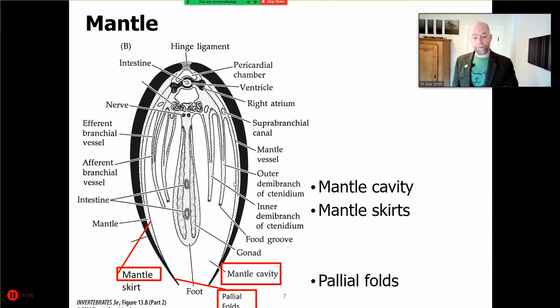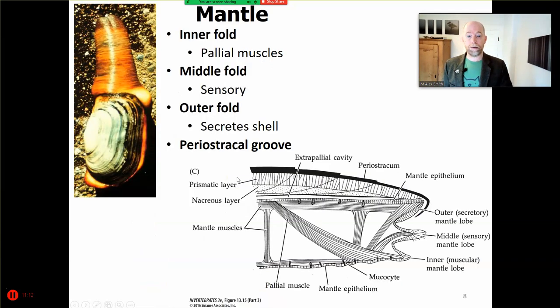Now, right at the tip of that mantle skirt, we have the pallial folds, and this is the edges of the mantle that you've seen before. We talked about this figure, 13.15, before, showing three fingers for the muscular mantle lobe, the sensory middle mantle lobe, and the outer secretory lobe.